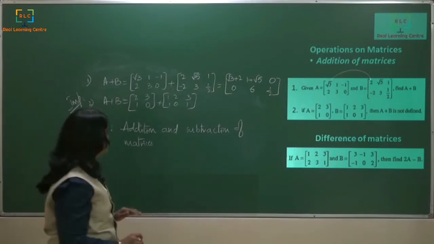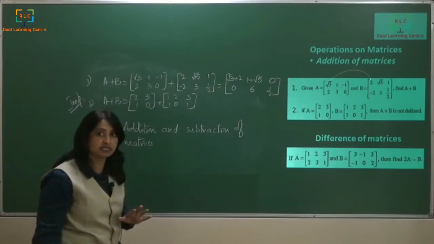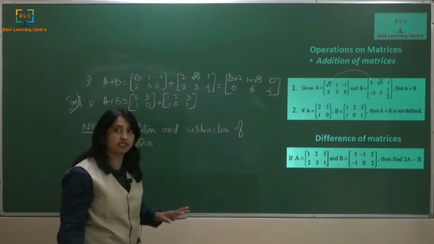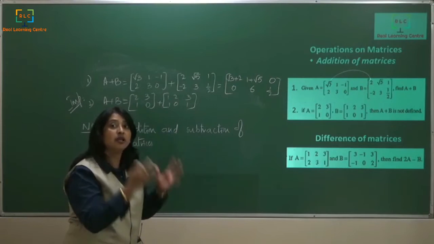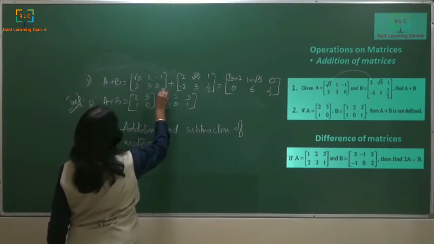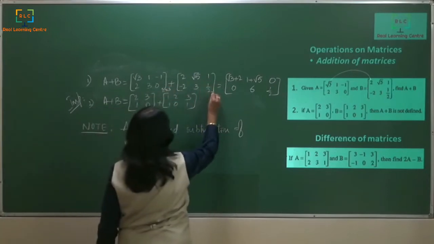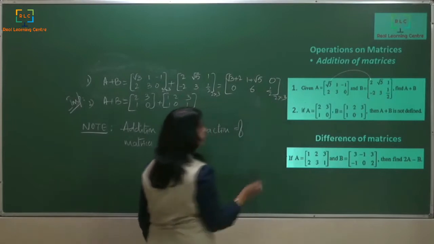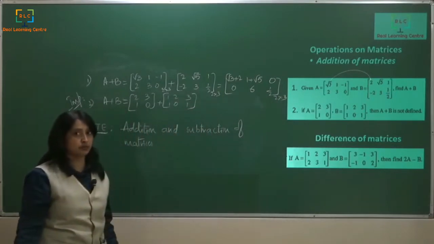So now addition and subtraction is possible in matrices if and only if both are of the same orders and all the corresponding elements are available. See, what is the order of this? This was 2 cross 3, and the order of this matrix also was 2 cross 3. So the addition matrix that I got is also of the order 2 cross 3.